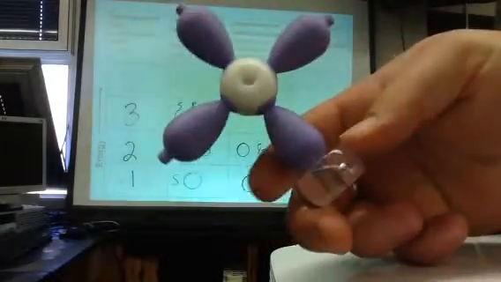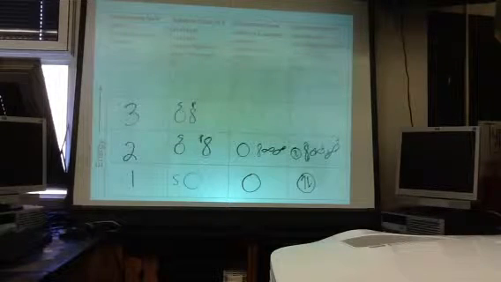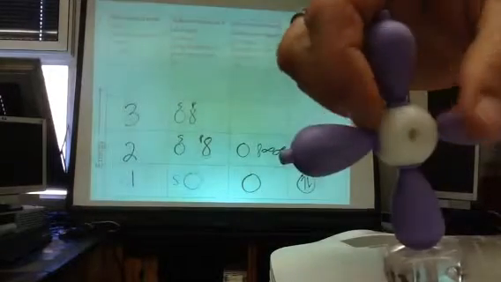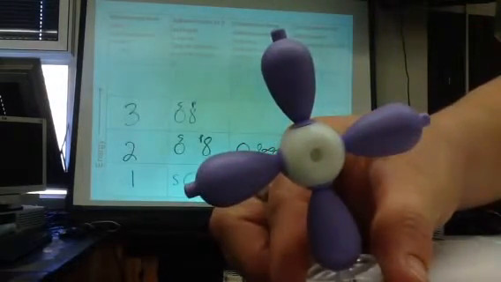This is what I call the double dumbbell, the double drumstick, or the double drumstick squared. It's awful. But what you need to know is that that's a d orbital.